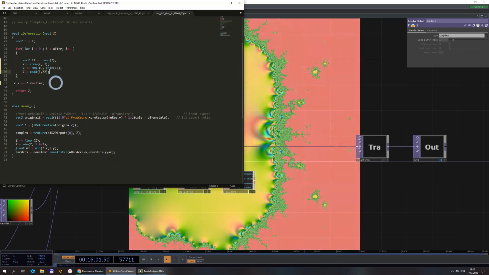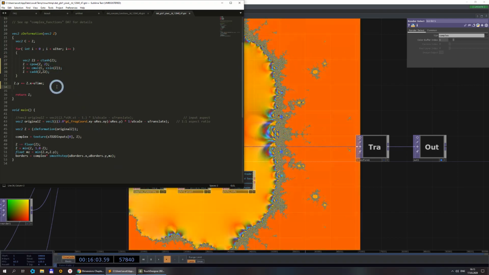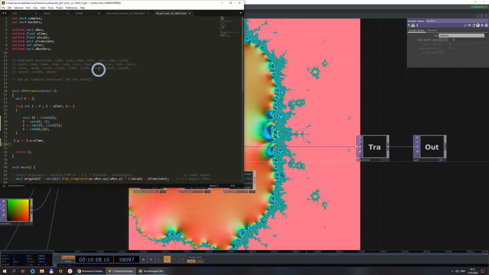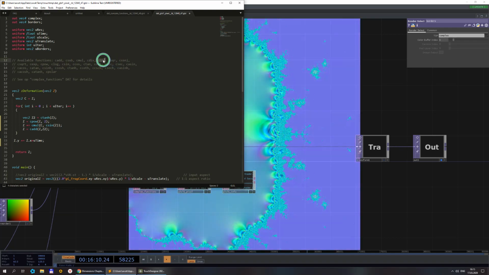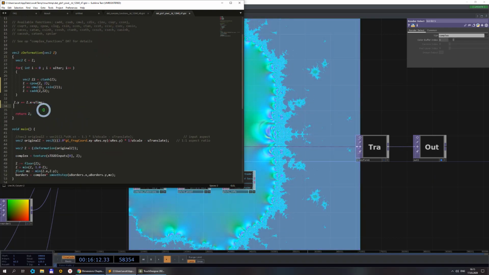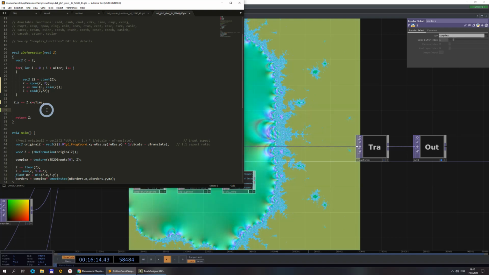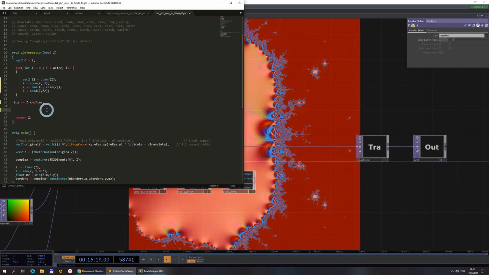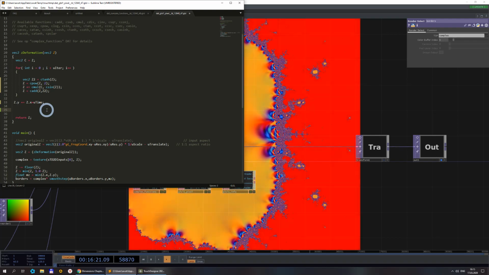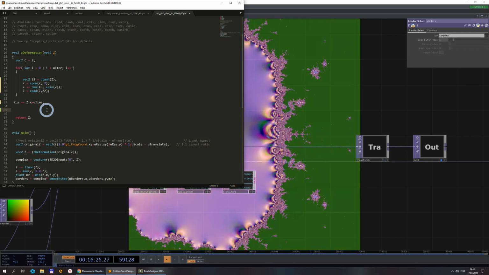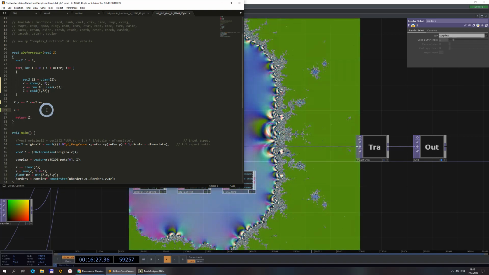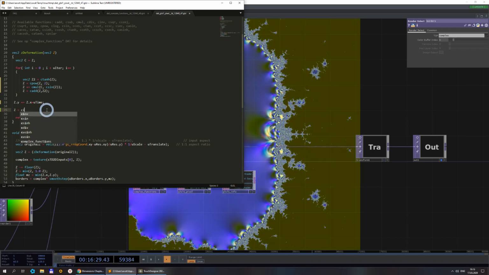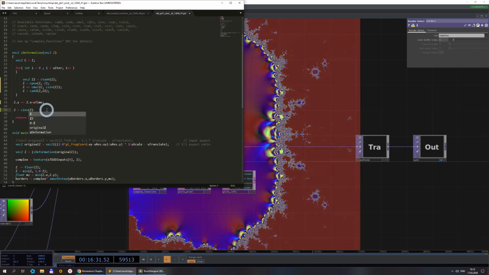And another good trick is we have functions called cinv, so inverse space or inverse number. If you're experimenting and you don't know what you want, it's good to try inversions from time to time.